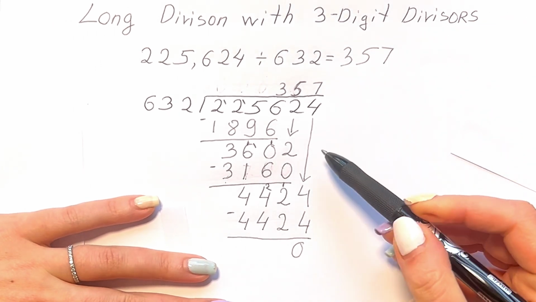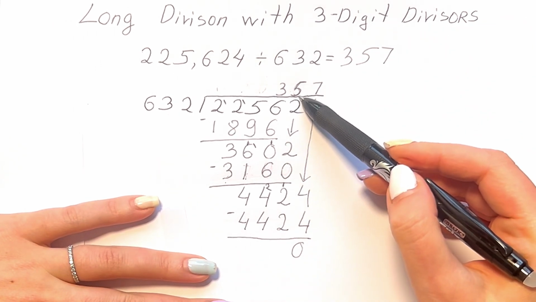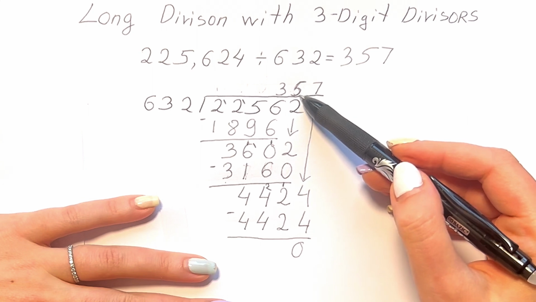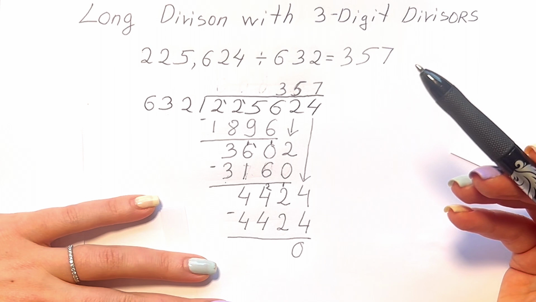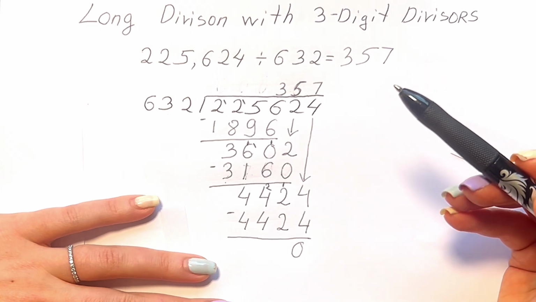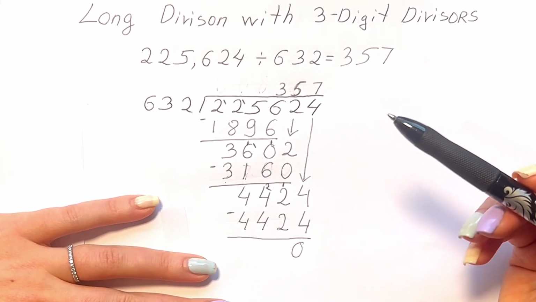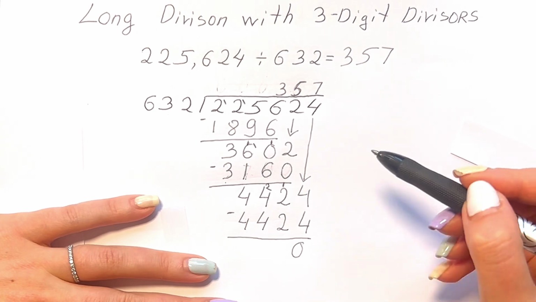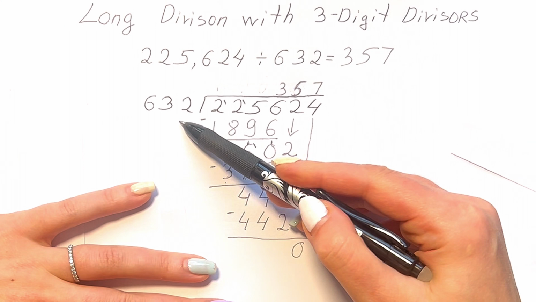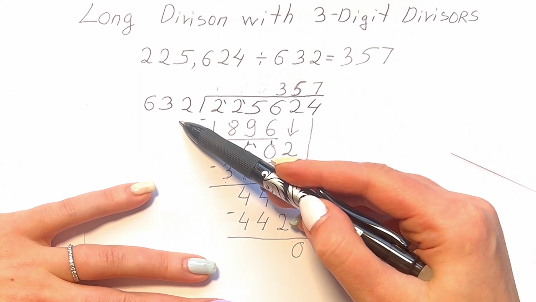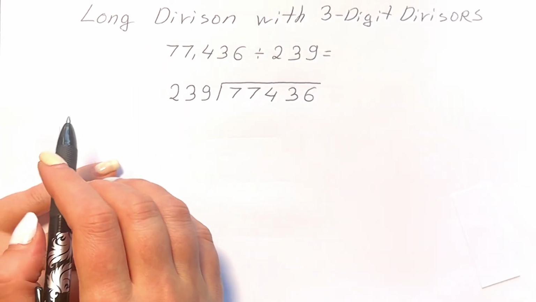Did you see? Sometimes we are doing one extra step, which is we are bringing our imaginary number one digit down, or even sometimes you don't have to do that. So again, I'm gonna tell you, you don't need to do extra step multiples of the divisor to be able to divide. Let's try another example.